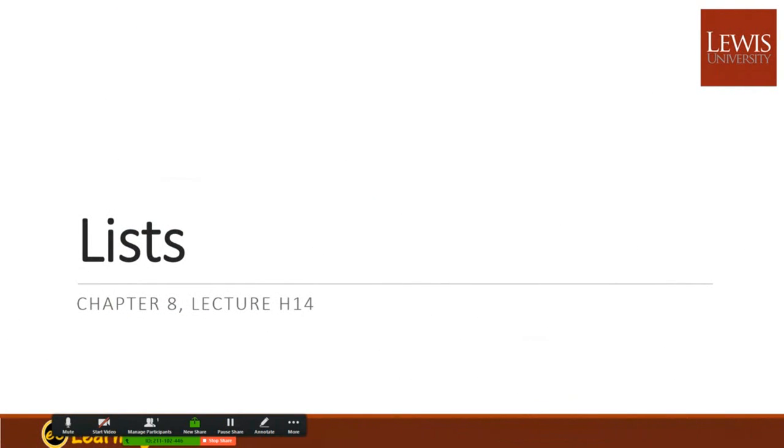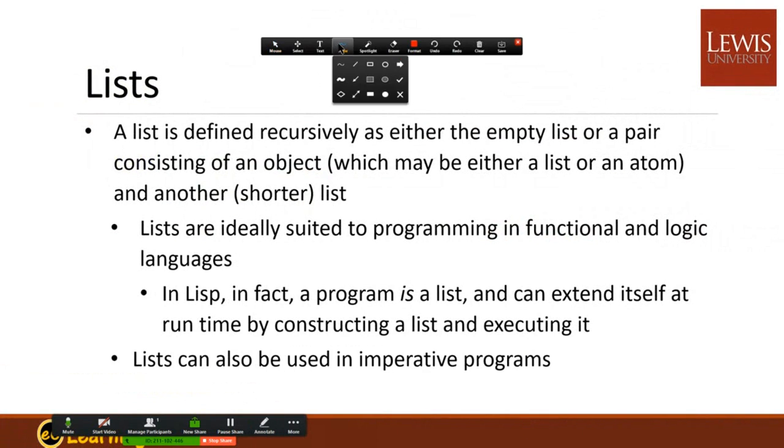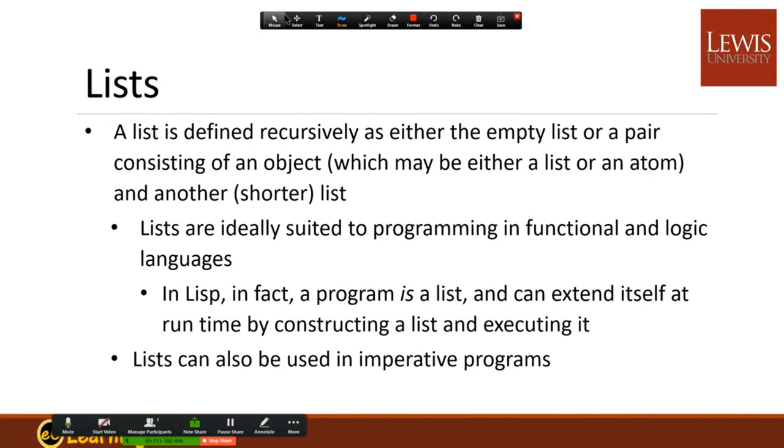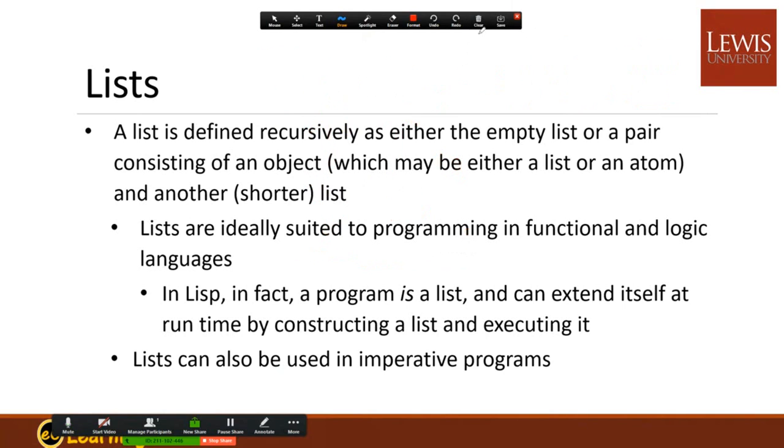List. Now we are going to talk about lists. A list is defined as a series of data of the same type or different types, and you may have homogeneous or heterogeneous data. You can have an integer, or a string or something, as long as it is in a list structure.